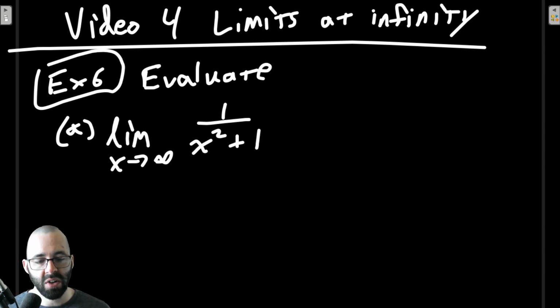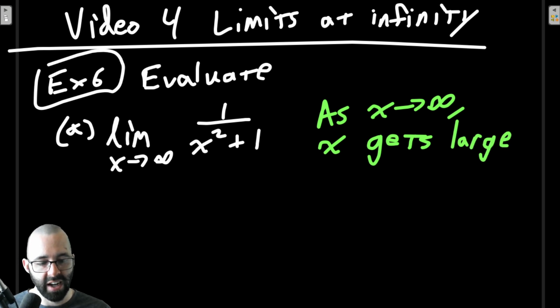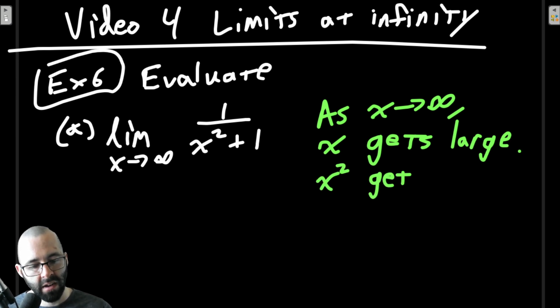Well, we're just going to kind of look at some things. So as x goes to infinity, x gets large. So if x gets large, x squared gets really large, right?